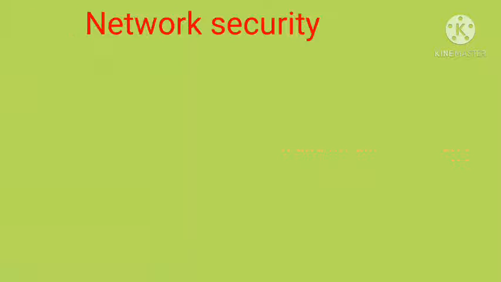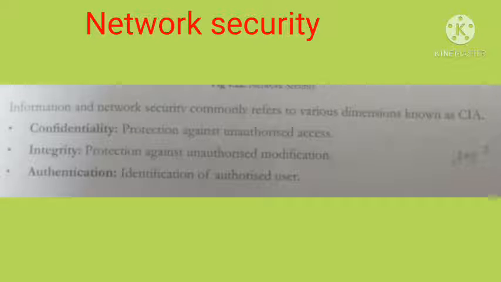Next one is network security. Now let us study about the network security. It means protecting data and resources from any unauthorized access. This is done by providing security at the boundaries of a network.